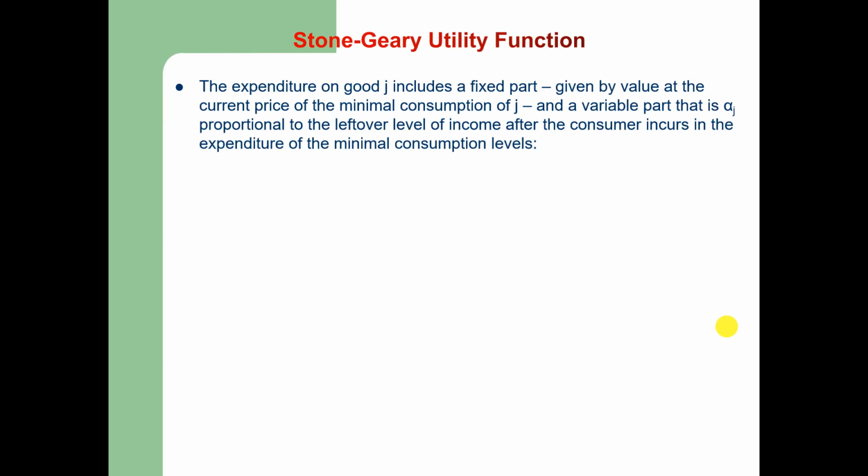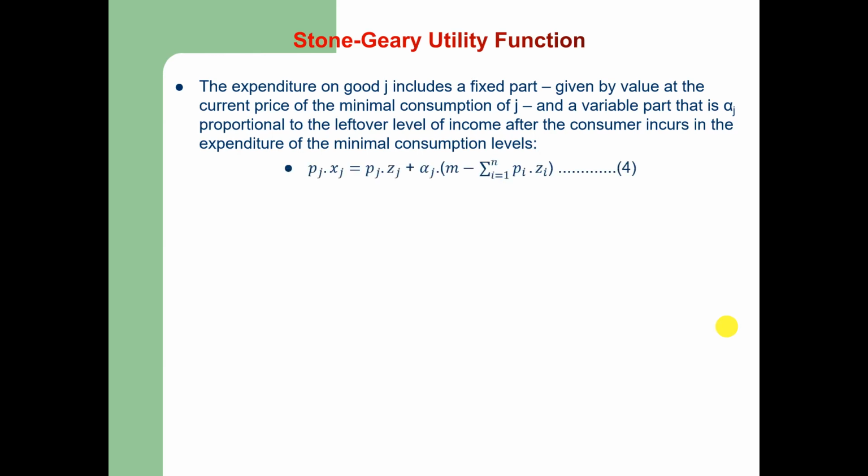The fixed part is given by the value at the current price of the subsistence level of consumption of j, and then there is a variable part, that is alpha j proportional to the income which is left over after the consumer has consumed the minimal or the subsistence consumption levels.